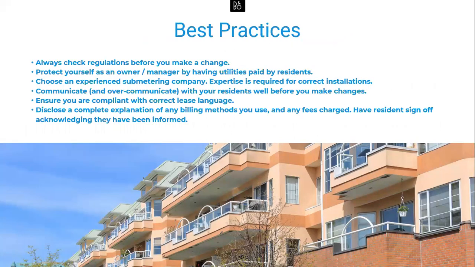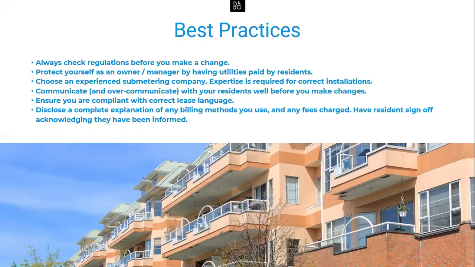All right, so that's a great segue into just general best practices as well. Firstly being, checking your regulations before you make any change whatsoever. Always, starting with local to state to national, understanding who has jurisdiction and understanding what you can and can't do. The second being protect yourself as an owner, manager, by having utilities paid by residents.